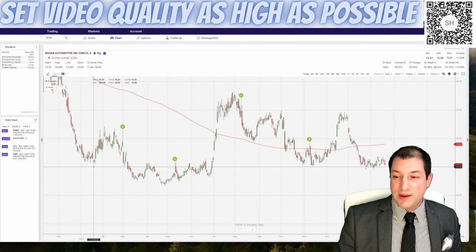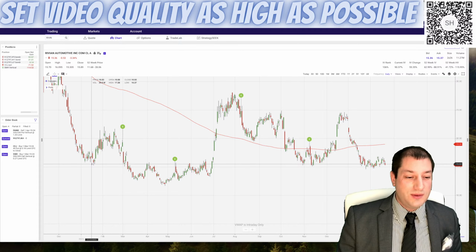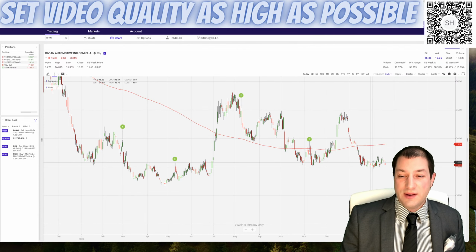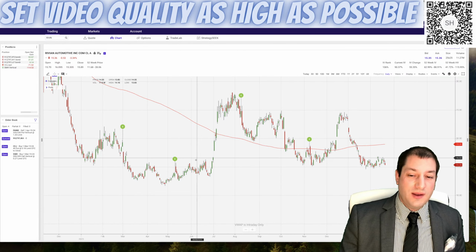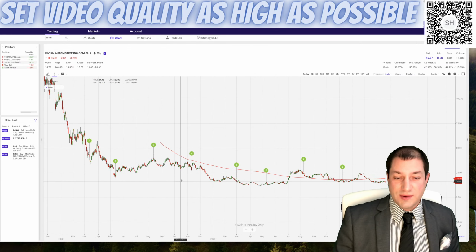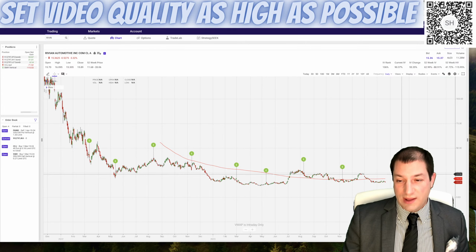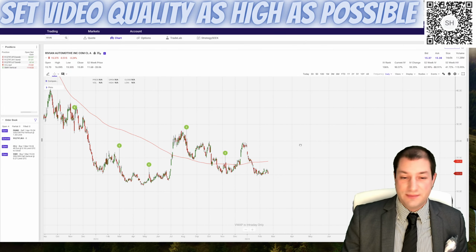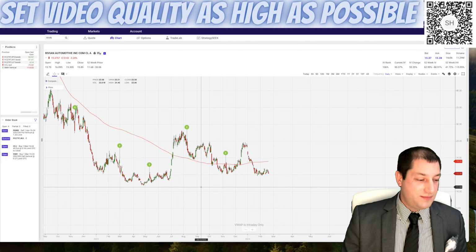Right, great support here at the 15 from back in January of 23. Support here, and this lower. If you believe in chart patterns, this is on the big scale a reverse head and shoulders, which would imply a lot of upside here. Okay, upside.